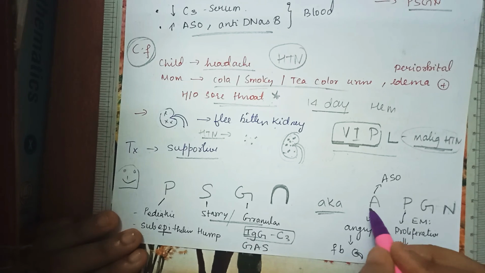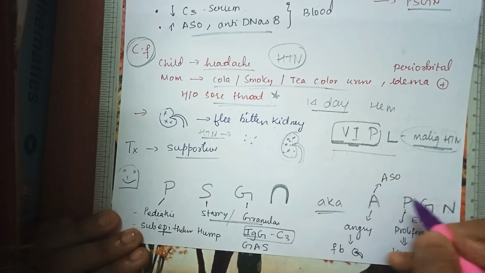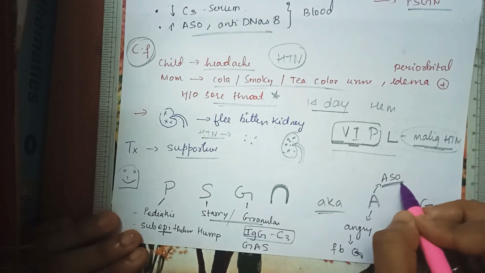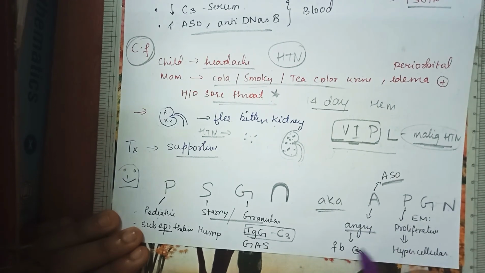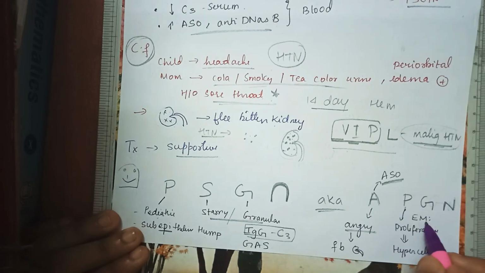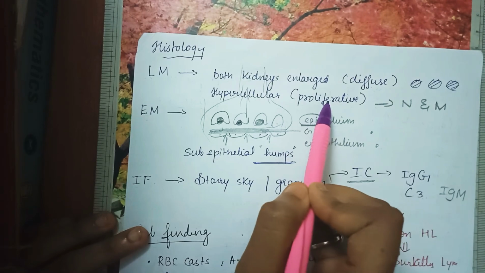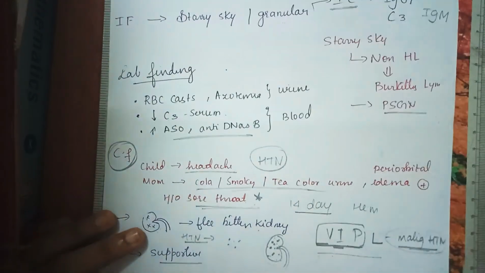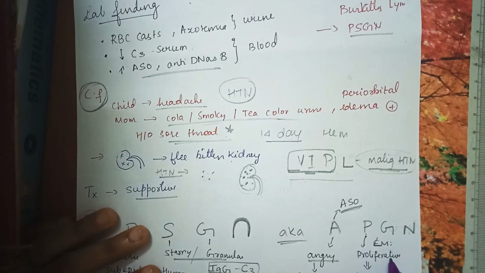It is also known as acute proliferative glomerulonephritis or diffuse glomerulonephritis. Why did I use the word acute? Because ASO is the antibody which is present, anti-streptolysin O. And for A, remember, angry. Angry is nothing but our flea-bitten kidney. When I say P, as usual, the electron microscopy finding, I told you, is proliferative. The light microscopy finding is proliferation or hypercellularity.